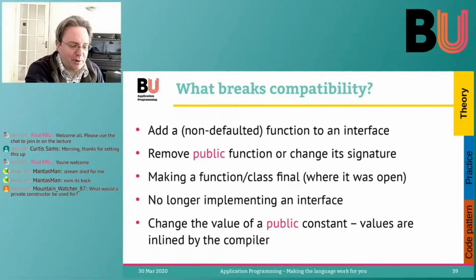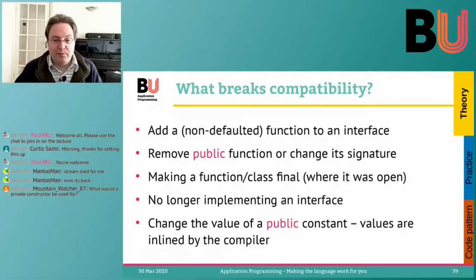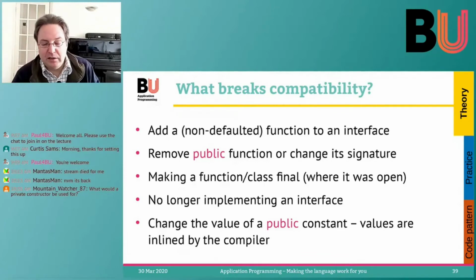But if it's possible to inherit your class from outside your module, then that method becomes part of your public API. So if you remove this, anything that uses that function will crash, either binary or at the programming level.